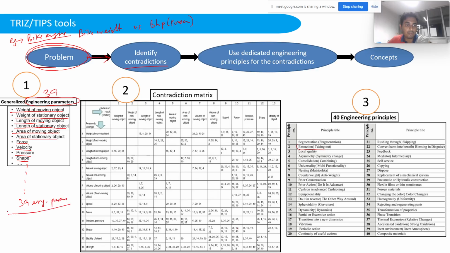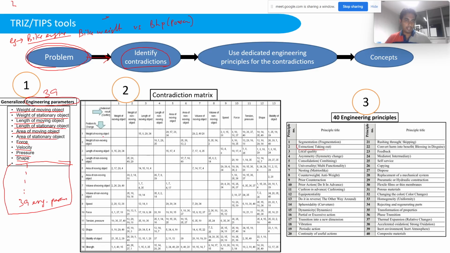If you consider those, that will be enough for any sort of concept solution, or for considering in the concept generation process. Next, you try to figure out what the contradictions are.